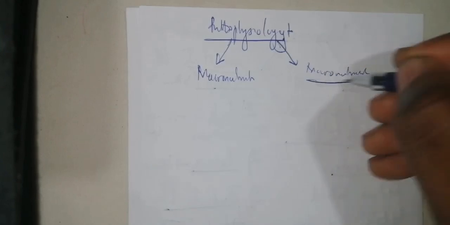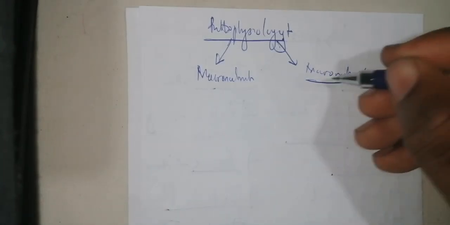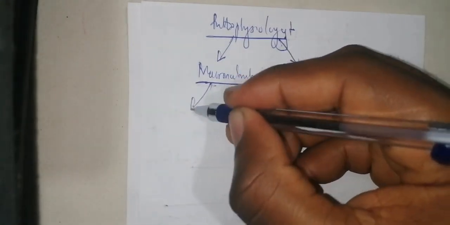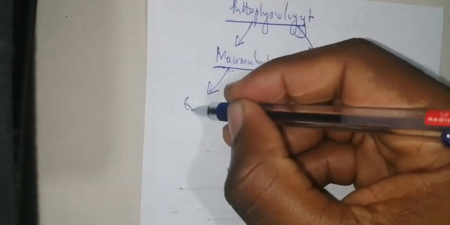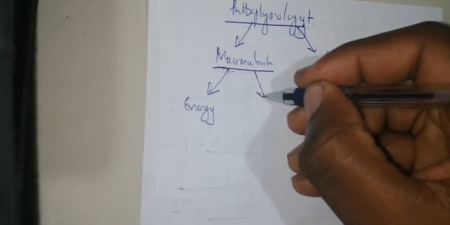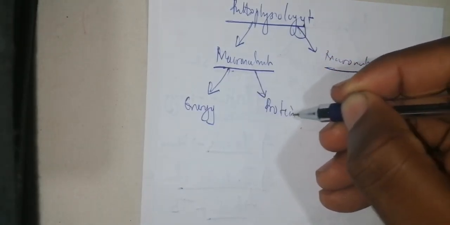We have already spoken about all the complications that are under micronutrients in the mechanism of malnutrition. Now, for macronutrient deficiency, we have pathogenesis associated with energy loss and we have pathogenesis associated with protein loss.